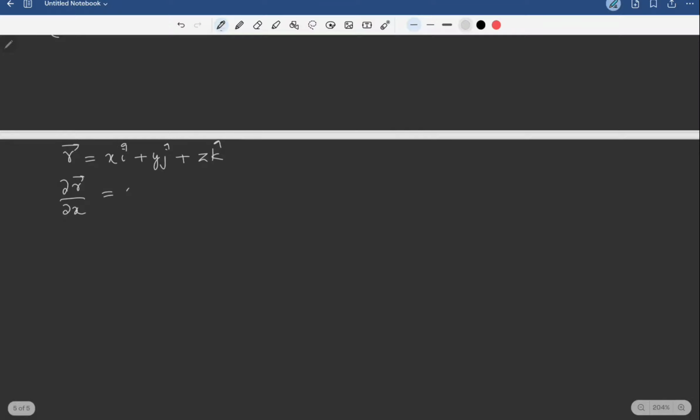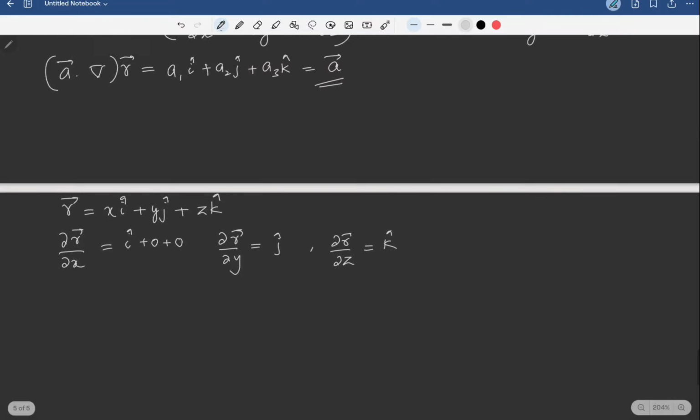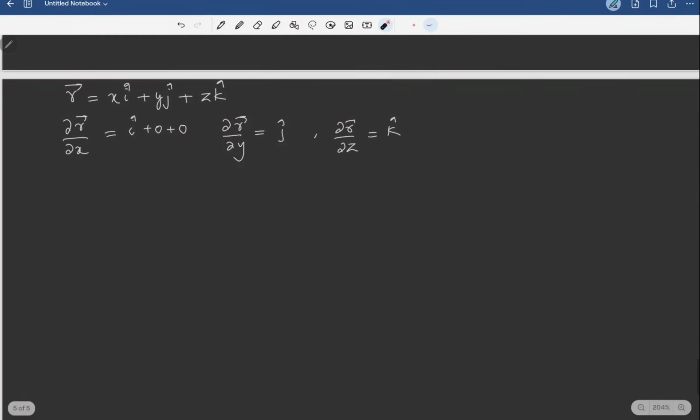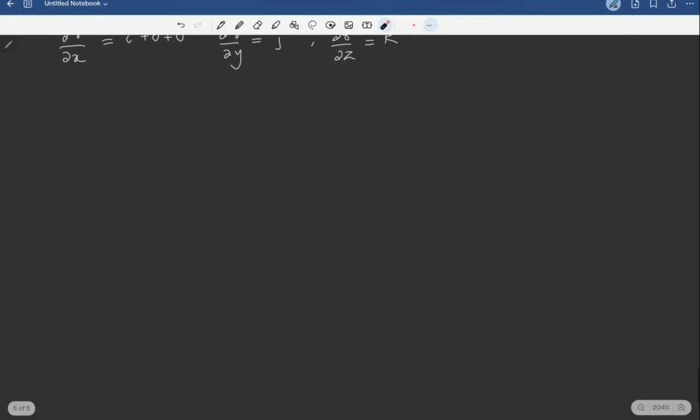So we get this as i cap plus 0 plus 0. del r by del y: treat y as variable and x and z as constants. So we get j cap, and del r by del z is equal to k cap. So I substituted these values in the above equation. Okay, clear? Now let's move on to the next problem.